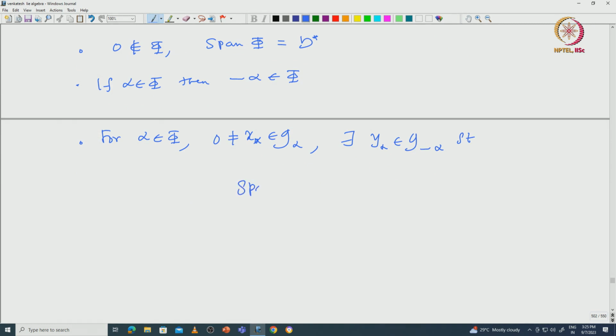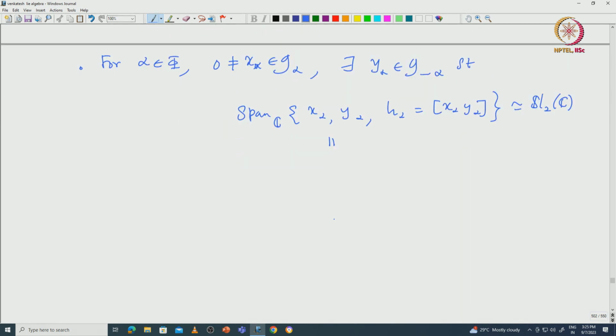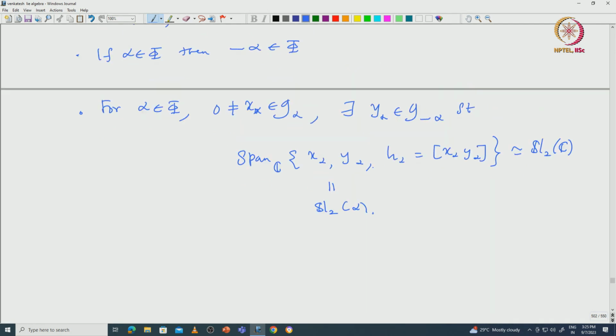That means the span of x alpha, y alpha and h alpha, which is the bracket of x alpha and y alpha, is isomorphic to our SL2C. This three dimensional subalgebra we denoted by SL2 of alpha. So, for each alpha we have this SL2 triple.